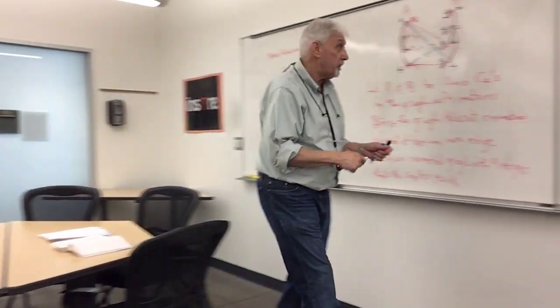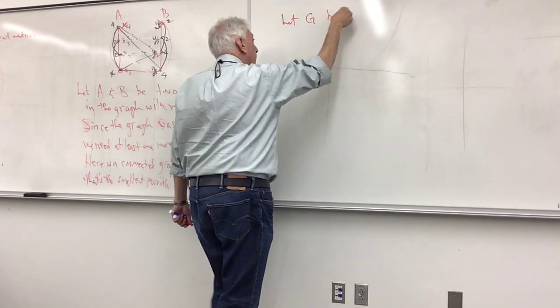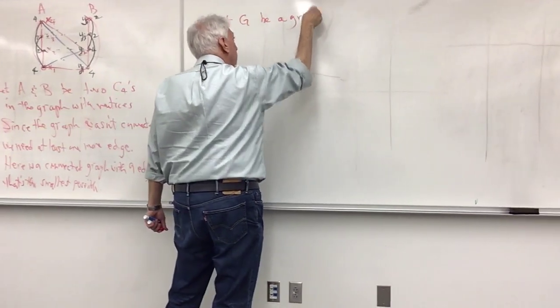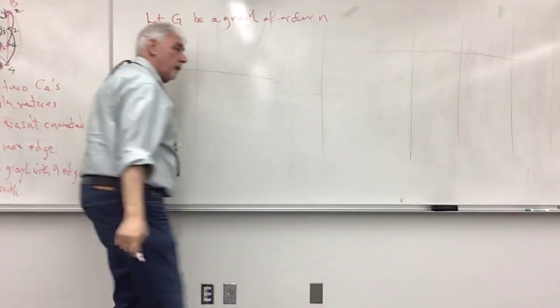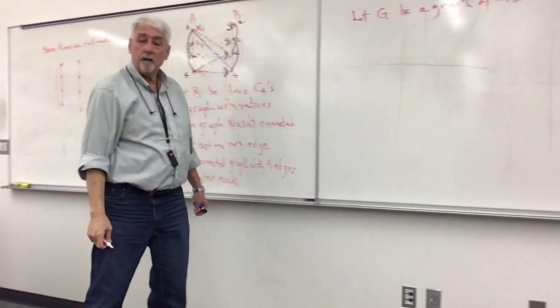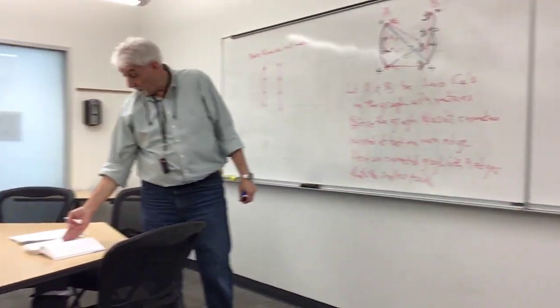So my proof is going to be: let G be a graph of order n. How do I know it has order n? Because I have n degrees.